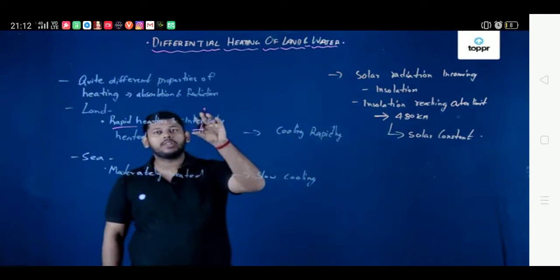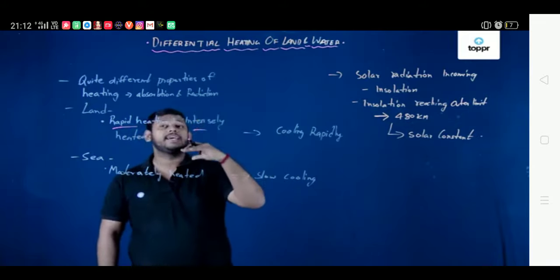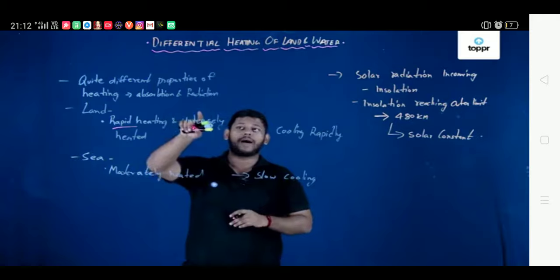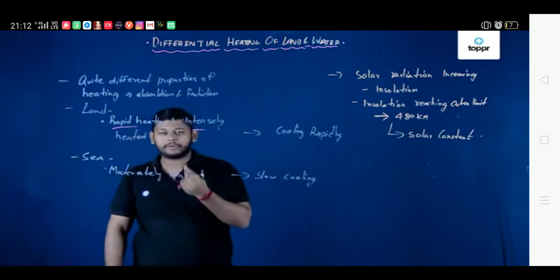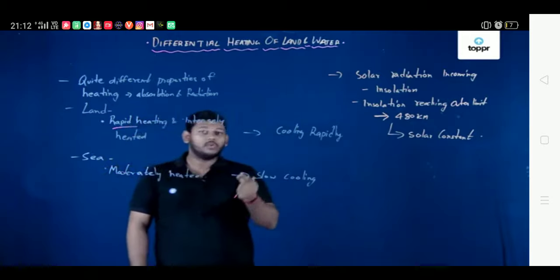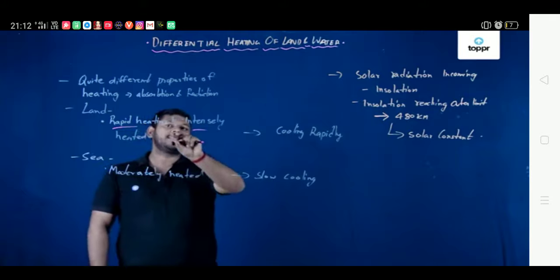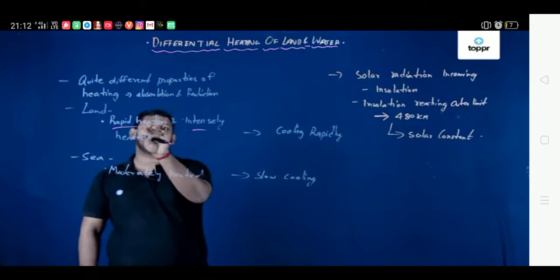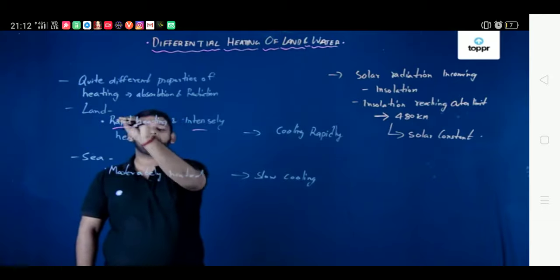More heat energy is absorbed by the land, which makes it very hot. For example, you can touch a marble or a granite, which might be literally very hot. So this is the rapid obtaining of heat from the sun by land.